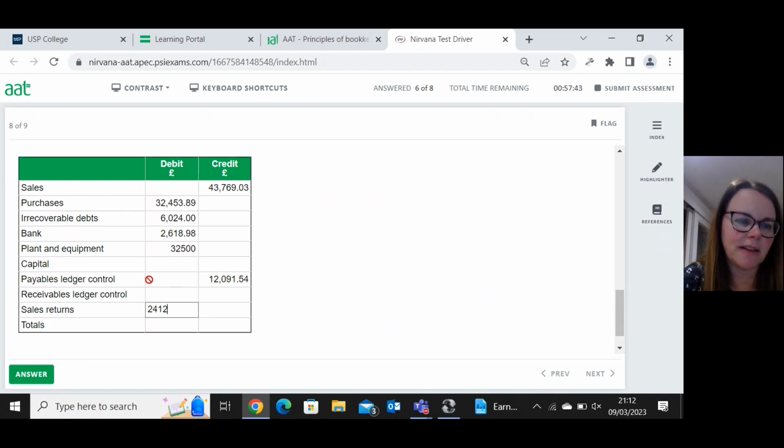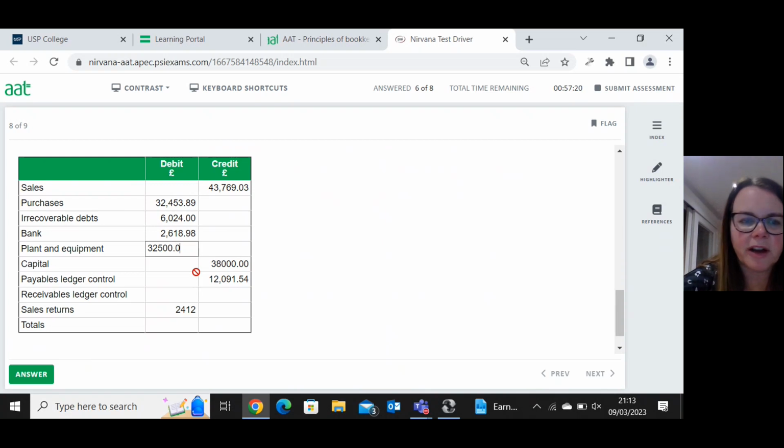So you can do the brought down and then ask, does that make sense? Yes, I'd expect sales returns to be on the debit side. Capital, if we went back up, was 38,000. It should be consistent as well. You see how they've put in things with pounds and pence. I don't know if it will mark you down, but I would err on the side of caution and be consistent.